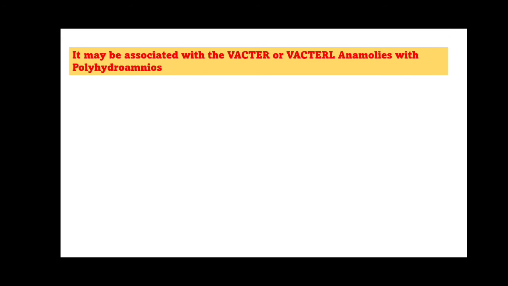Always, if the baby has a congenital anomaly of the esophagus, it is associated with other anomalies, listed as VACTERL anomalies, with polyhydramnios.